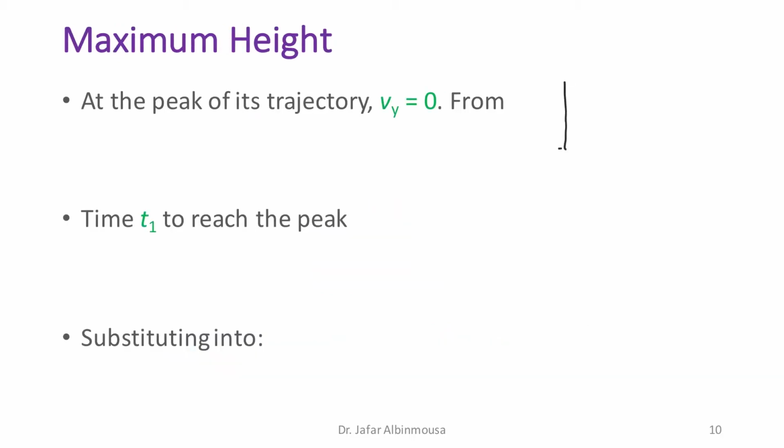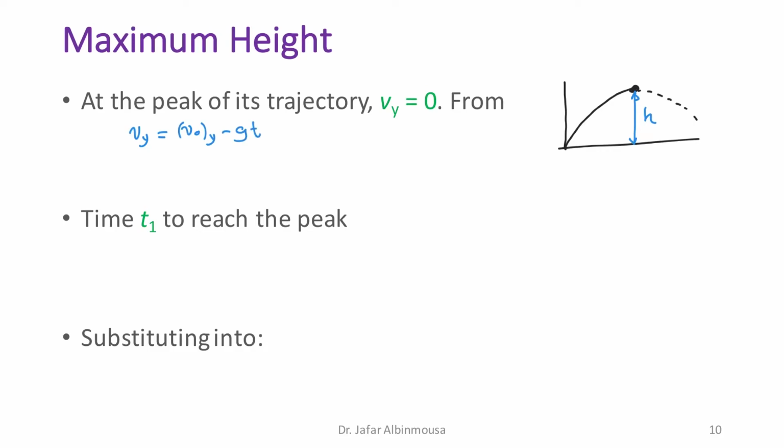Now, when a projectile is fired, it will move up until a certain point, after which it will start falling down. This point is the maximum height the projectile can achieve, and we want to know how to calculate this height. We start with the equation vy equals v0y minus gt.